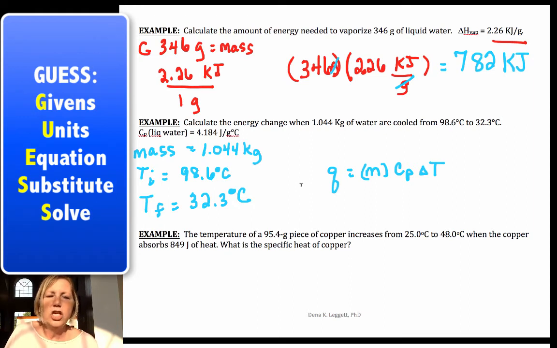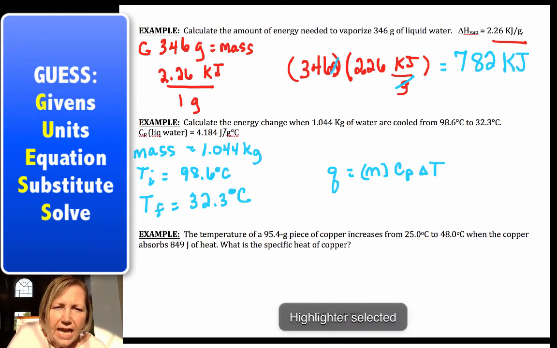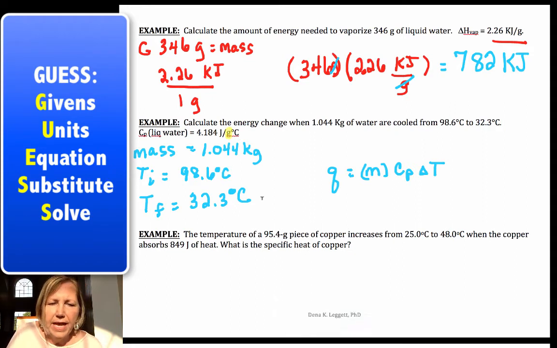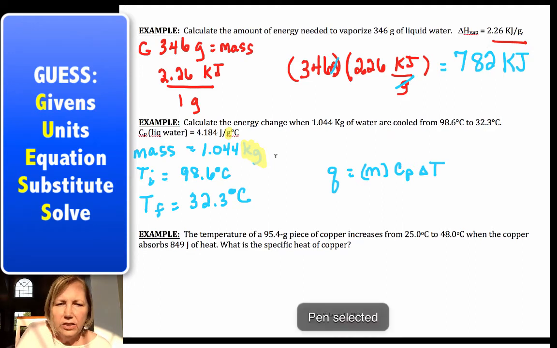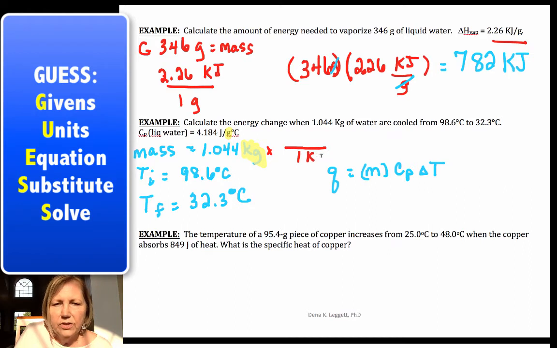In GUESS, check your units, and you'll notice here I have grams in my heat capacity, but kilograms here. So I need to convert my kilograms to grams. There's 1 kilogram for every 1 times 10 to the 3rd grams, so that's 1044 grams.